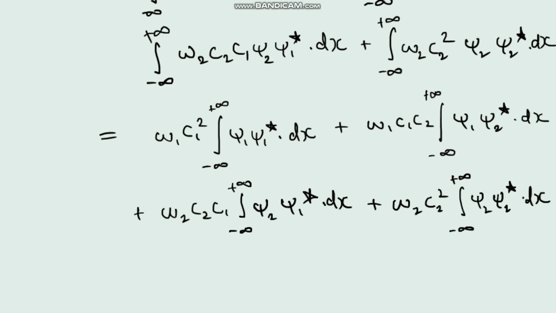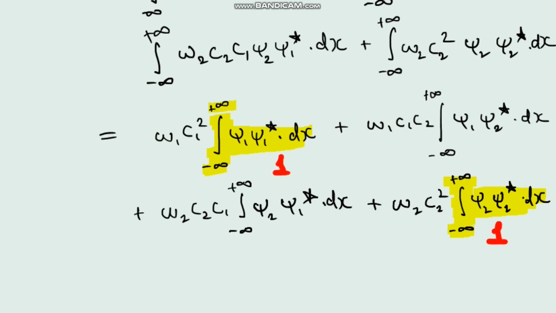Now look closely. These equations and this equation, you are multiplying, you are basically taking the square of psi over the whole space, and we know that these wave functions are normalized, and so these two will have the value 1.